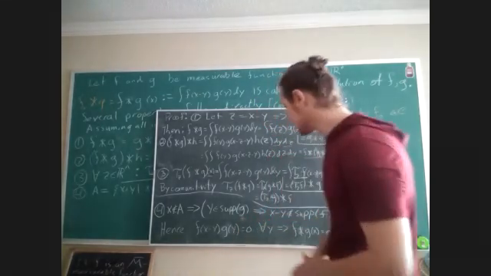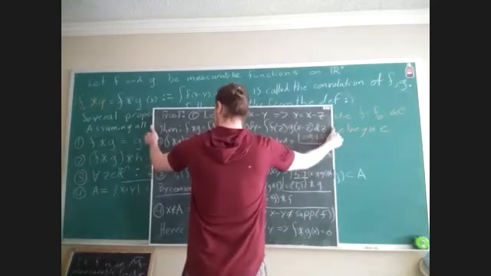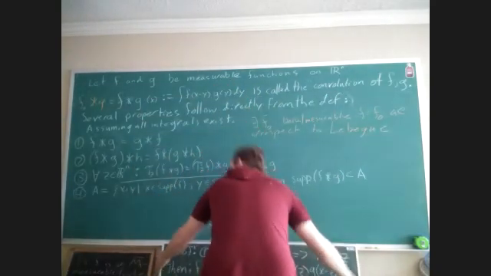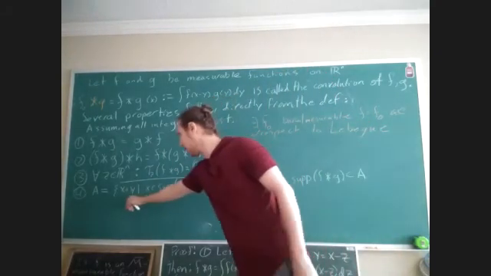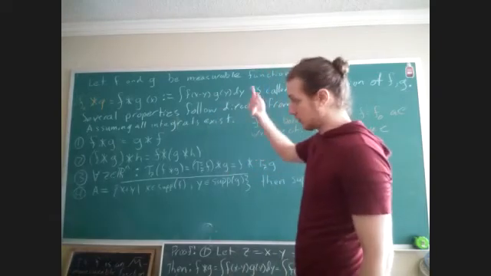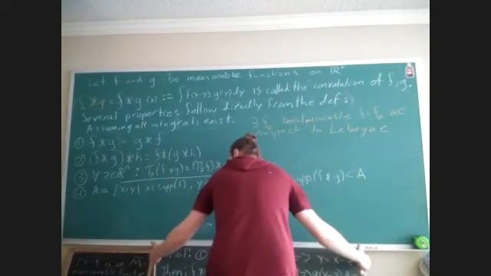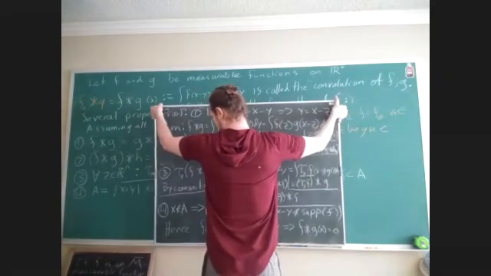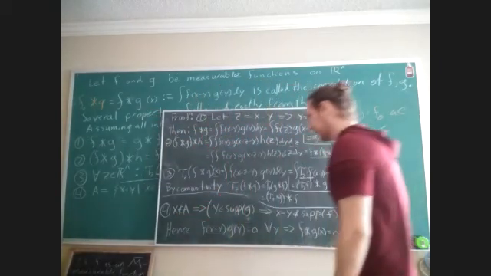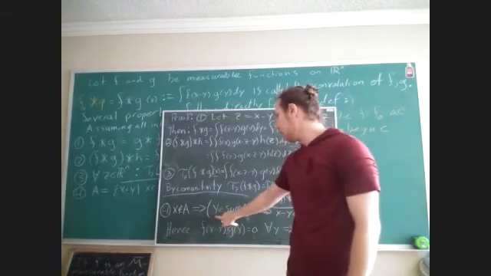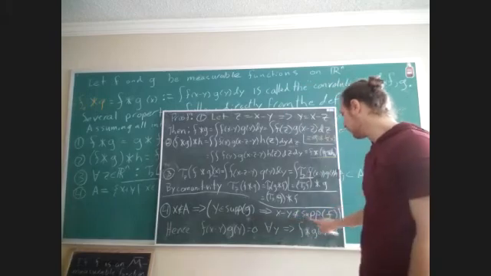Lastly, we're working with the supports. So we say that if x is not an element of A, and again, remember that A was defined to be the Minkowski sum of the supports of f and g. So it's the set of all vectors x plus y, where x is in the support of f and y is in the support of g. So if we take something that's not in that set, x not in A, then this implies that if y is in the support of g, then x minus y will not be in the support of f.